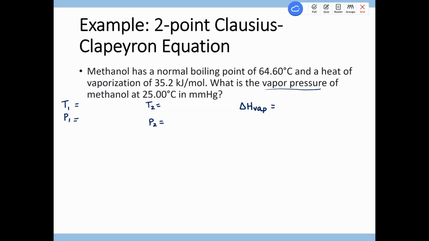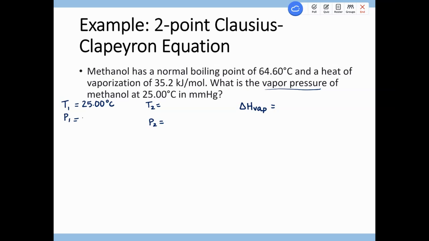So let's set T1 at the goal, 25.00 degrees Celsius. The equation will still work if you switch the pairing of T1 and P1 with T2 and P2, as long as you keep the pressure and temperature that align with each other together. You'll still get the same answer.